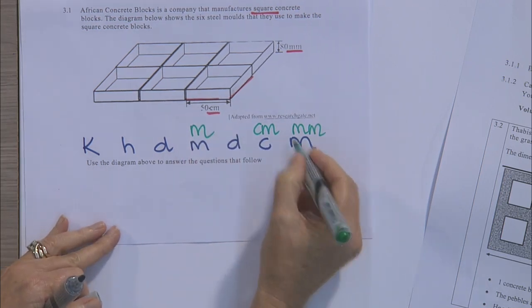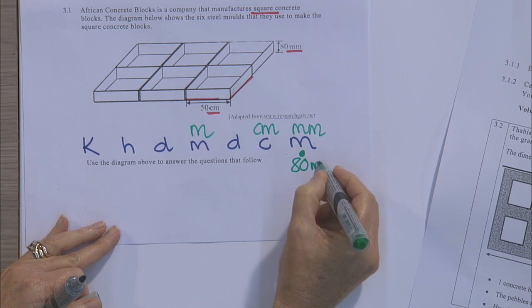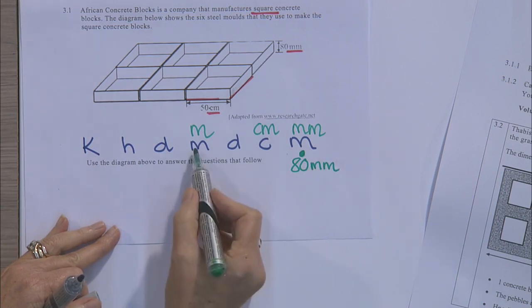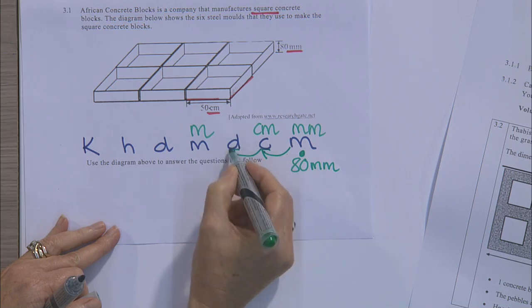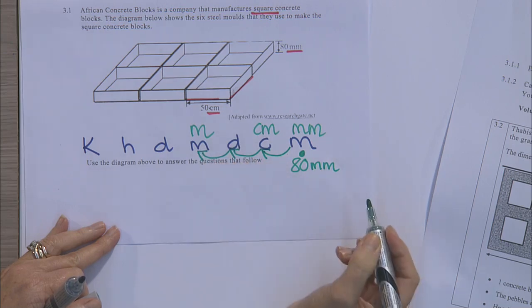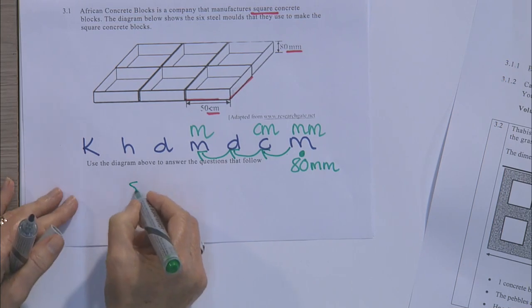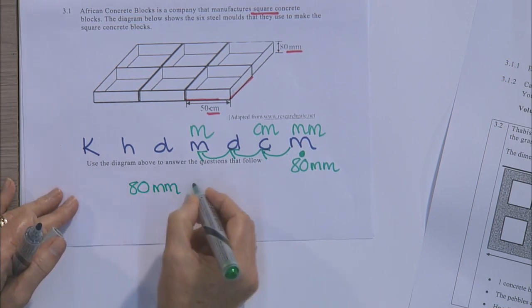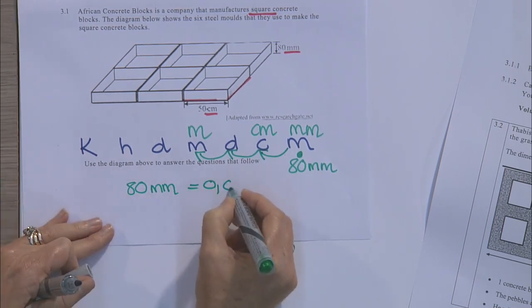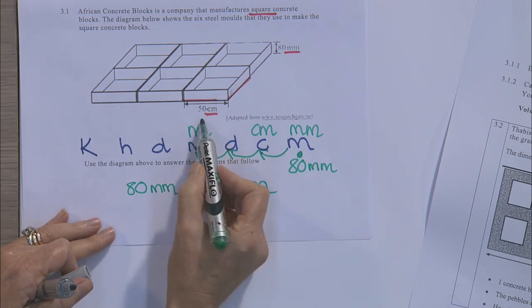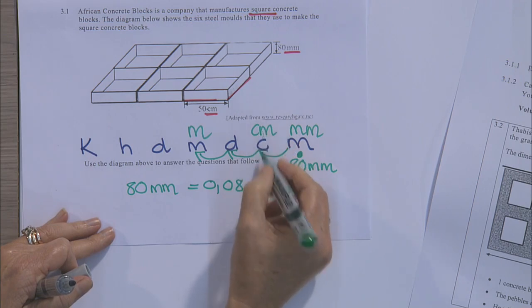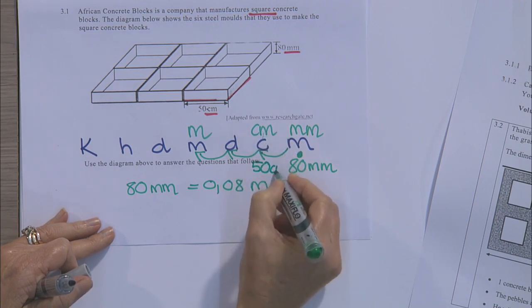So where are we? If you have millimeters, there's centimeters, and there's meters. So I am currently there with 80 millimeters. I want to go to meters, so I divide by 10, I divide by 10, and I divide by 10. So 80 millimeters is 0.08 meters. 50 centimeters will be here.